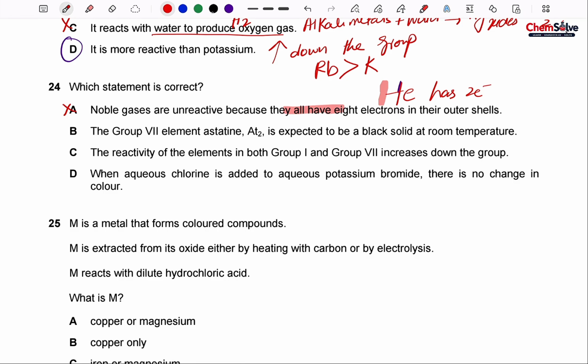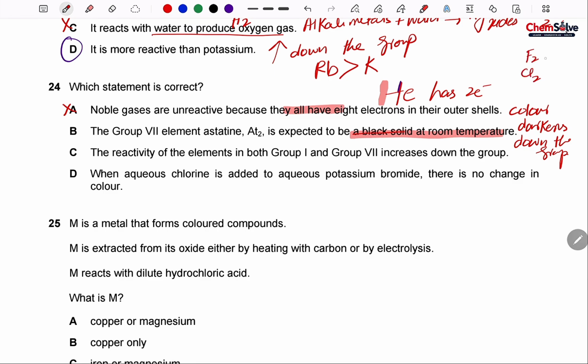The group 7 element astatine is expected to be a black solid at room temperature. Okay, now we have to look at the statement black solid at room temperature. This is a very important statement because we know that the color darkens down the group.